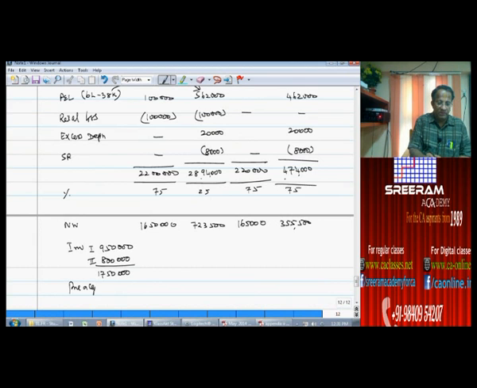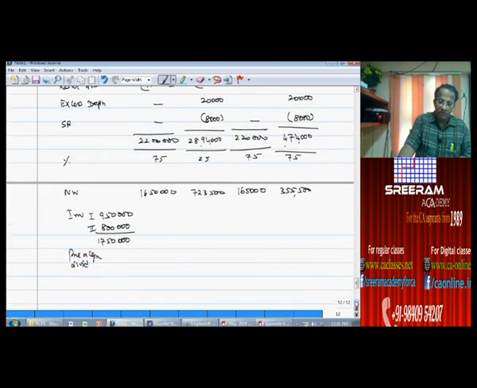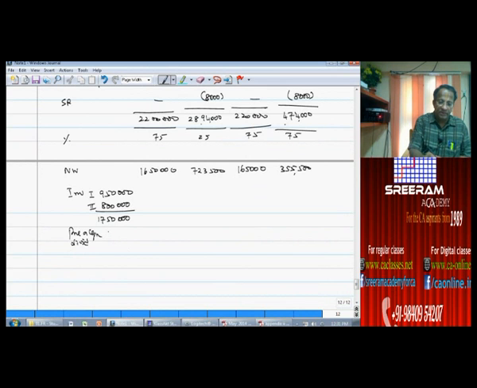Then pre-acquisition dividend. How much was that? 70,000. When I am deducting it here, I ought to deduct it from here also. So 16 lakhs 80,000, which results in a goodwill of 30,000.